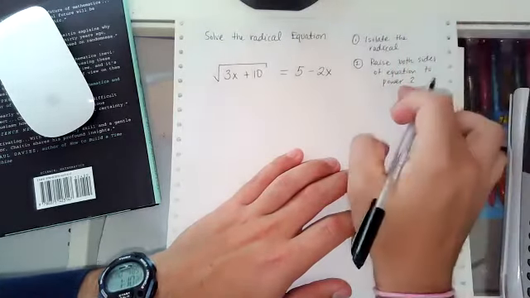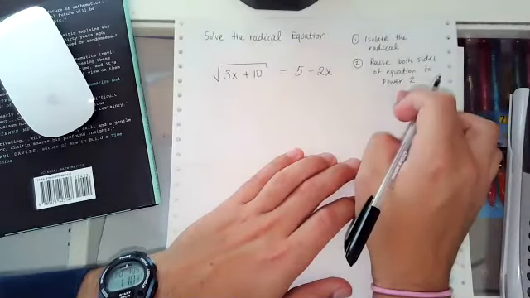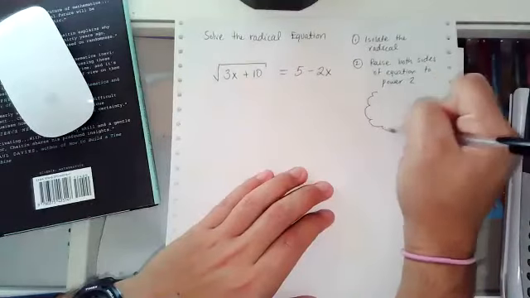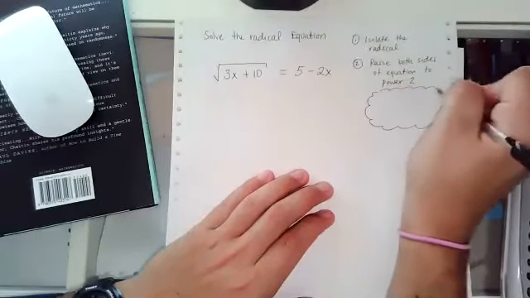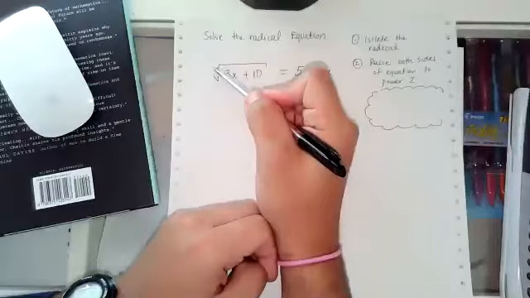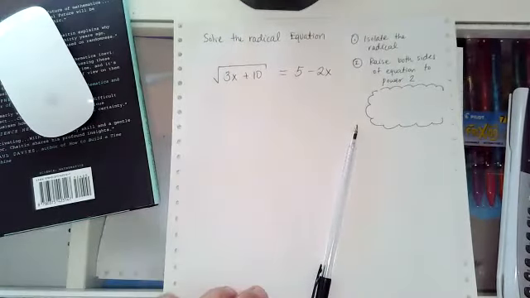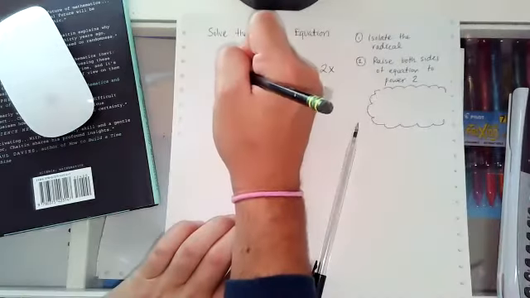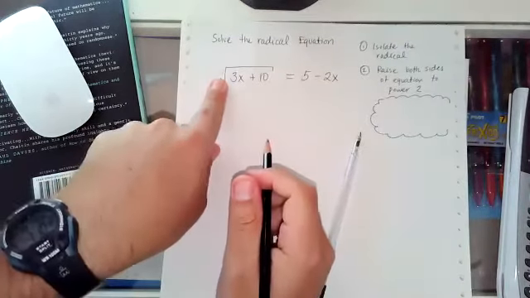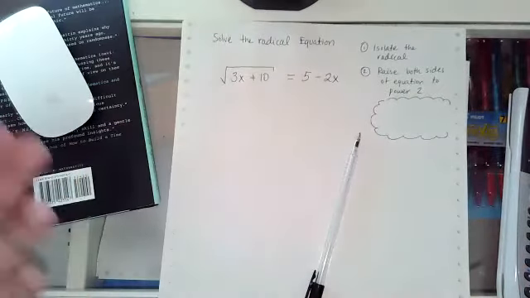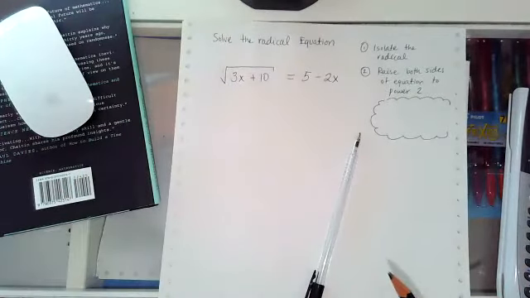The reason why we're using the power 2 here is because the index of the square root is 2. Now, if this was a cube root, for instance, with a little 3 right here, then what power would I need to raise both sides of the equation to? 3?